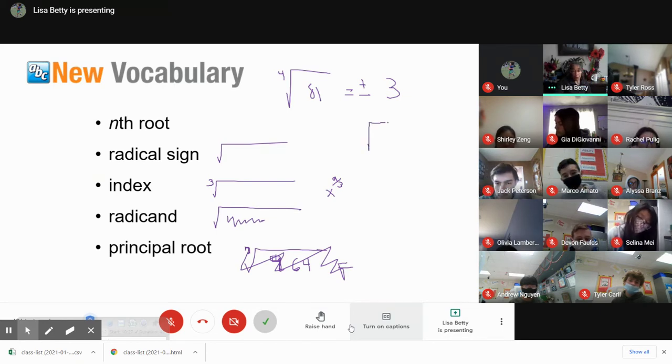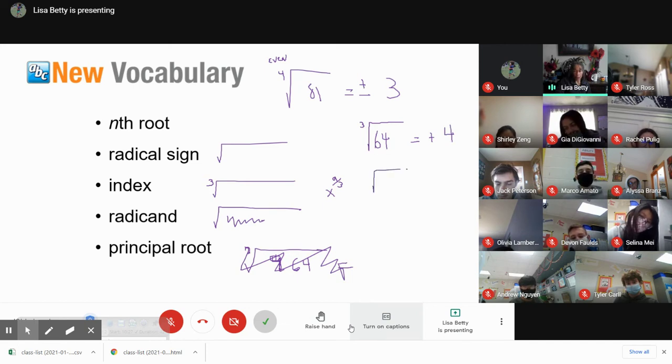However, if I have an odd index, so here's an even index, and here's an odd index, the cube root of 64, for example, is only going to be the positive flavor because the cube root is very specific.